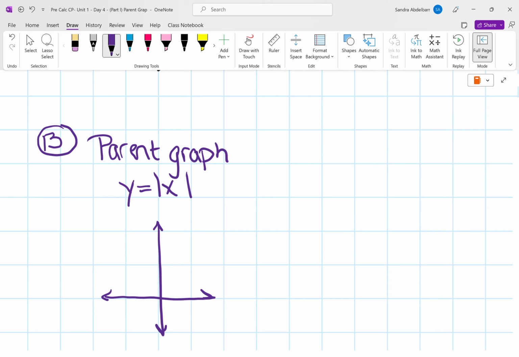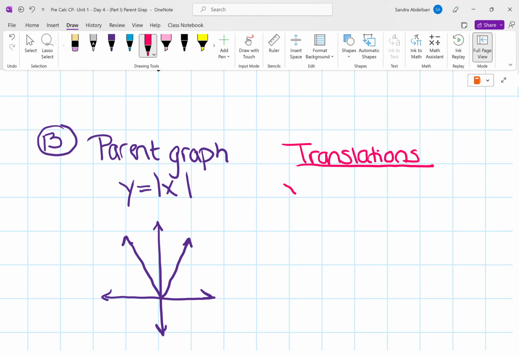Is it the parabola, the V, the shooting star, the disco dancer, the two curves in different locations? Which one is the absolute value? The V. So that's our parent graph.